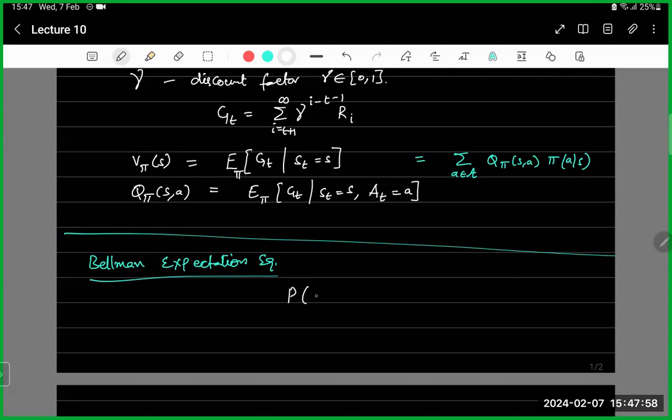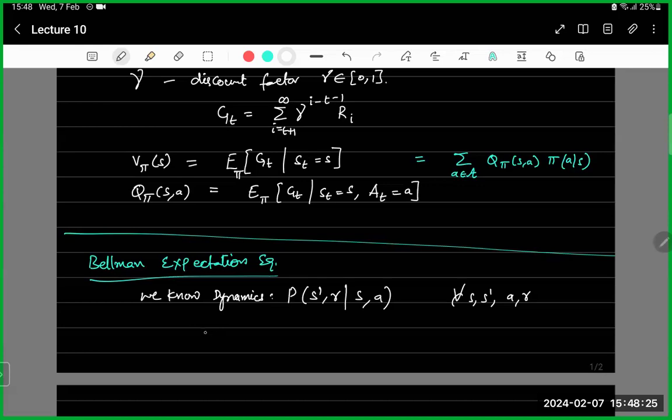We know this for all S, S dash, A and R. We know this dynamics.